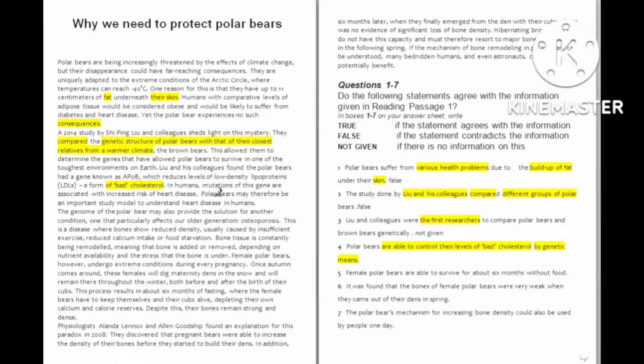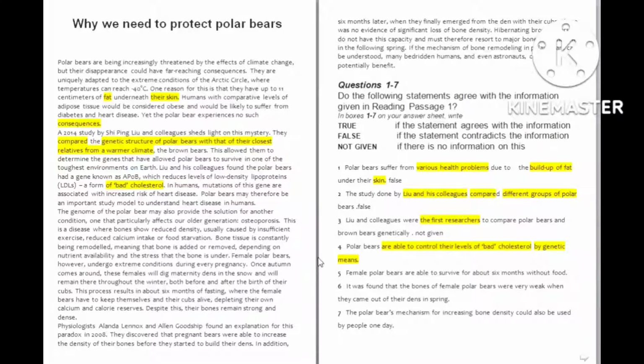Now we read from here. Lee and his colleagues found that polar bears had a gene known as APOP. Genetic means they have a gene called APOP, which reduces levels of low density lipoproteins, a form of bad cholesterol.